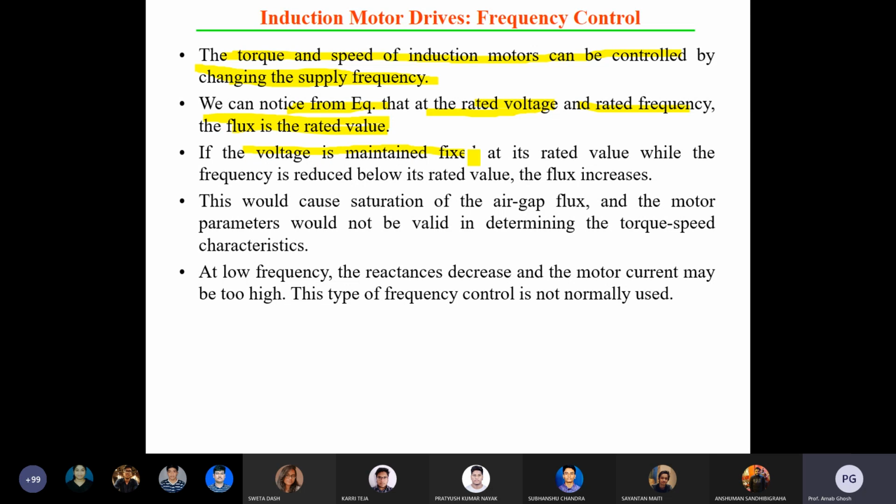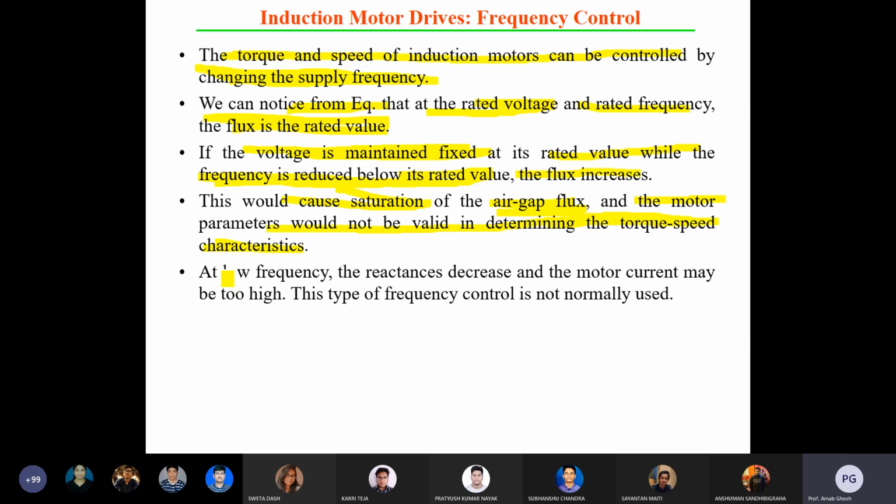If the voltage is maintained fixed at the rated value while the frequency is reduced below its rated value, the flux increases. This would cause saturation of the air gap flux, and the motor parameters would not be valid in determining the torque speed characteristics.